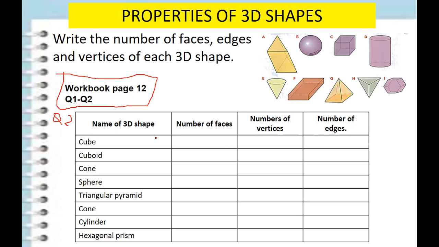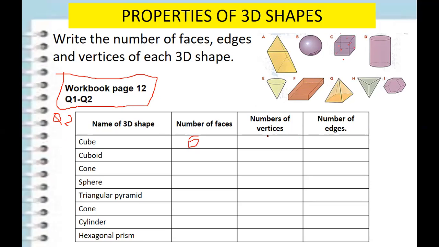I'm going to give you one example, like the cube. Okay, cube, how many faces do we have? We have 6. How do you count? 1, 2, 3, 4, 5, 6. Okay, vertices. So you will count the vertices, the corners: 1, 2, 3, 4, 5, 6, 7, 8.